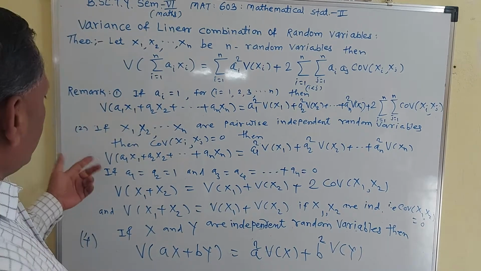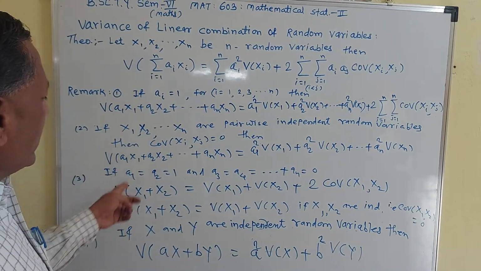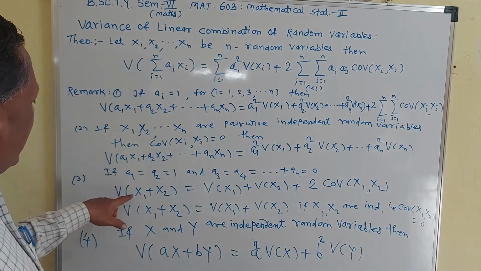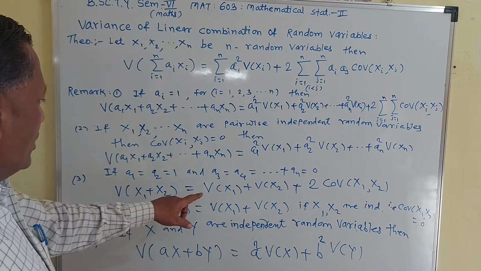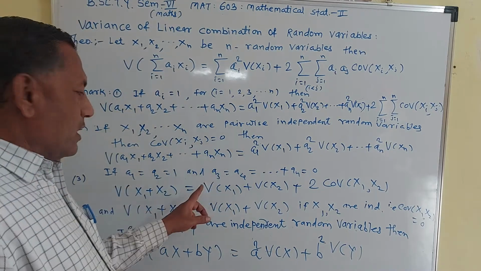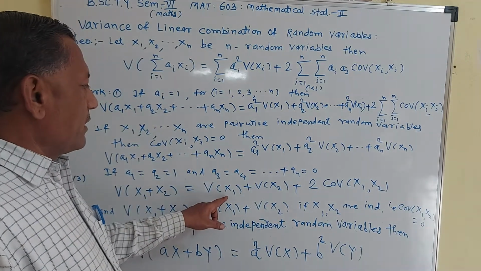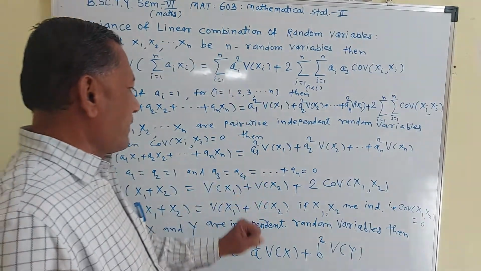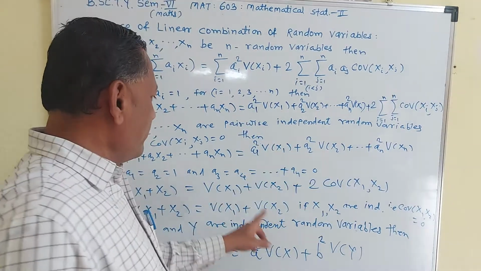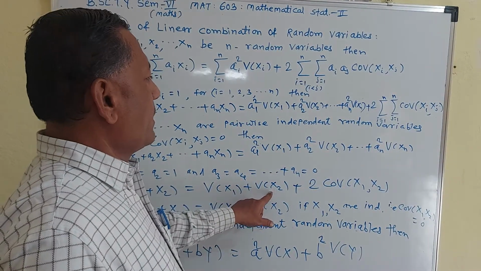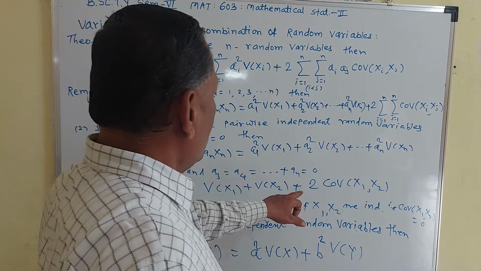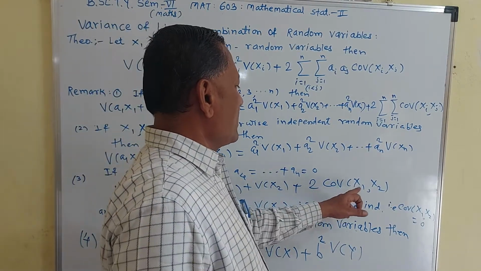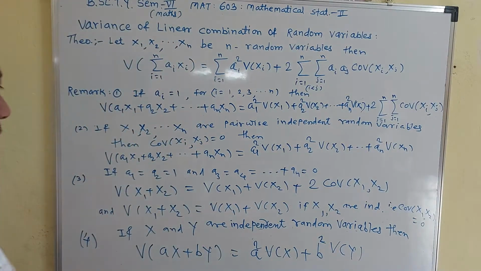Similarly, if you take a1 is equal to 1, a2 is equal to minus 1, then variance of X1 minus X2 is equal to 1 square, variance of X1, plus minus 1 square, and minus 1 square is plus 1, therefore plus variance of X2, then minus 2 into covariance of X1 X2.